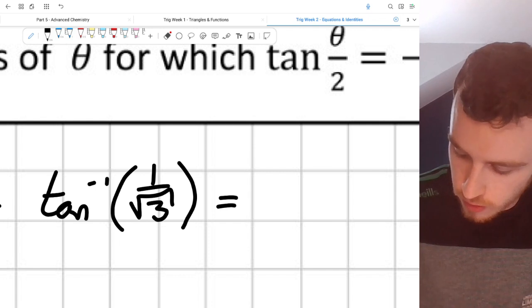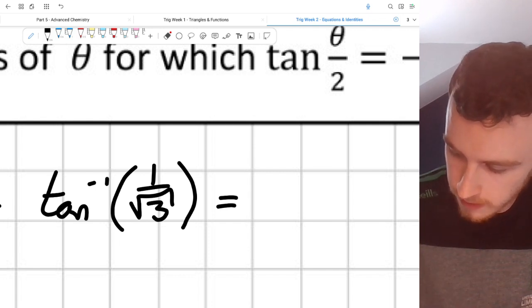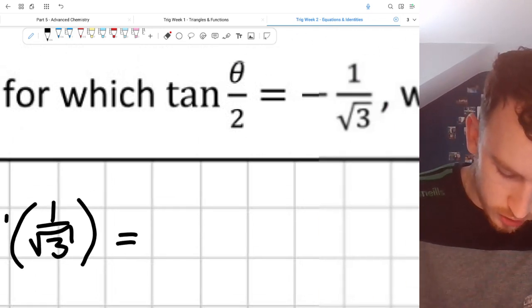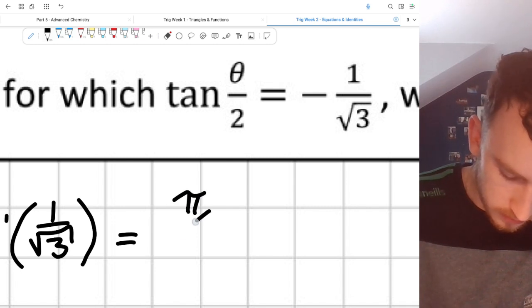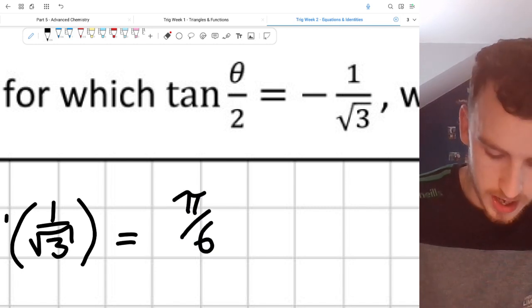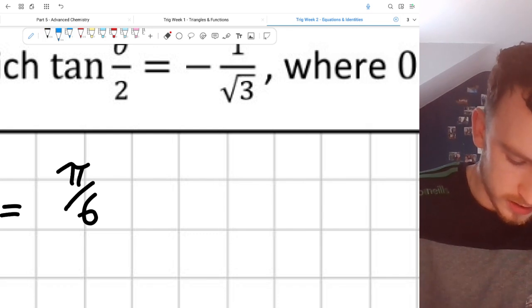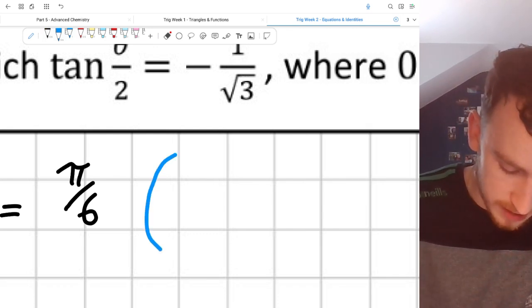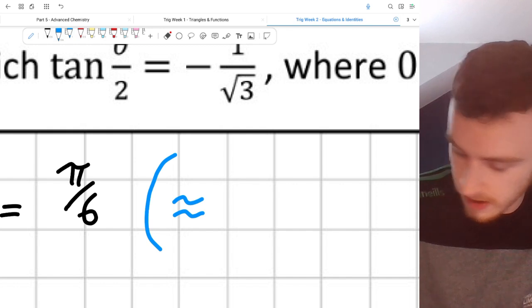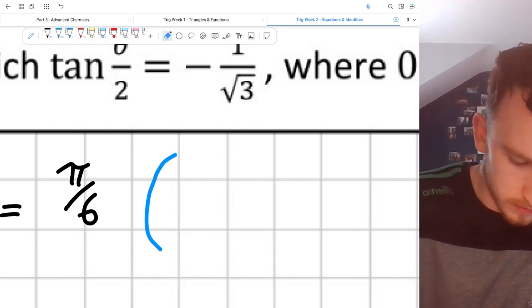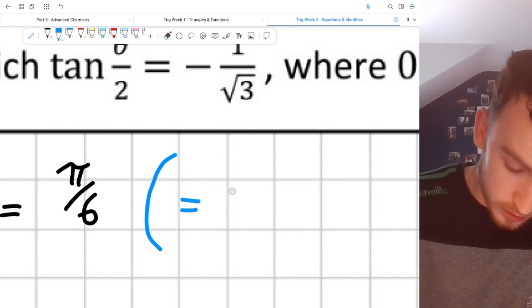The inverse tan of 1 over root 3 is equal to pi over 6 radians. And then just for drawing your diagram to make it a bit easier, that is equal to 30 degrees.